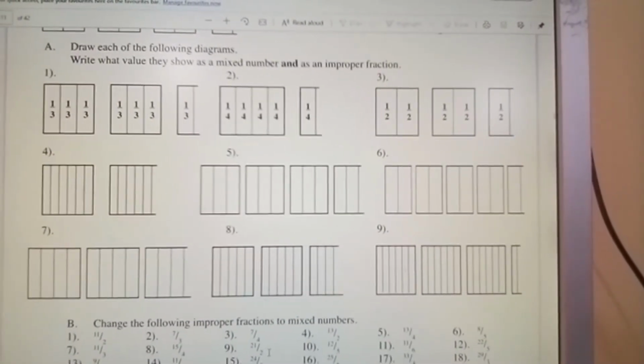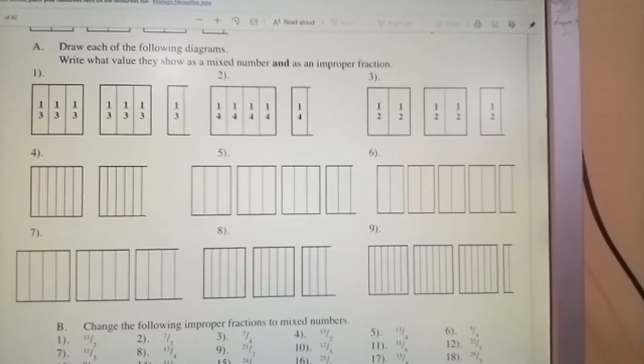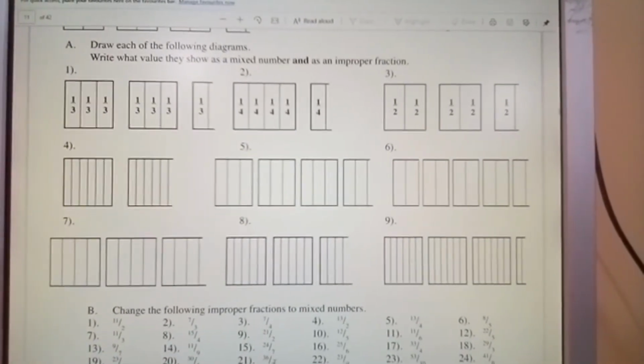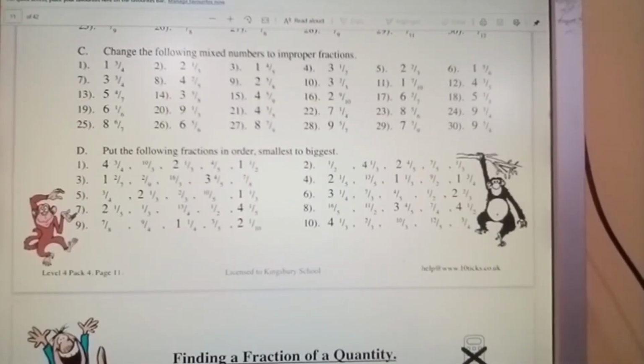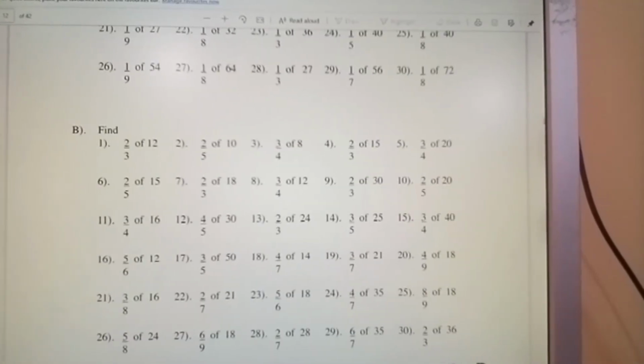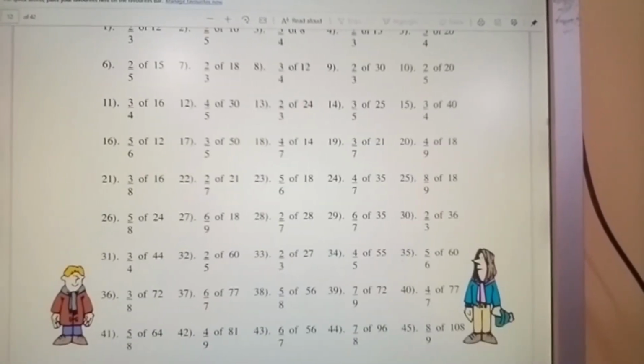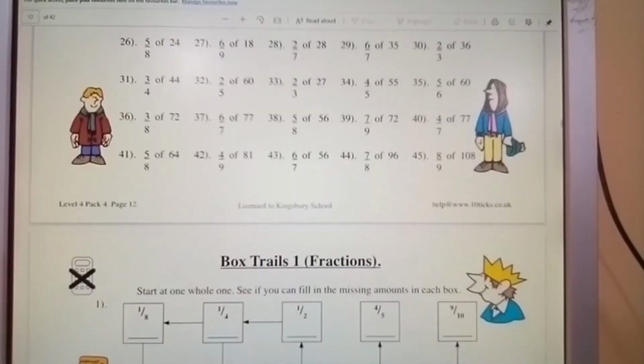Thank you. Okay, good. Now draw these out. Okay, you need to draw them out for yourself so you can understand. It helps you understanding. Now, what your brain writes down, it does not forget. Okay. And here's a lot of exercises for you to do as well. Get into it.